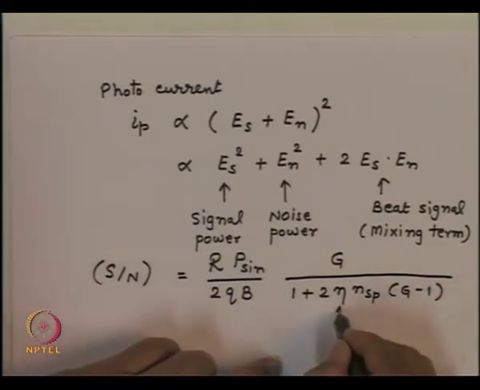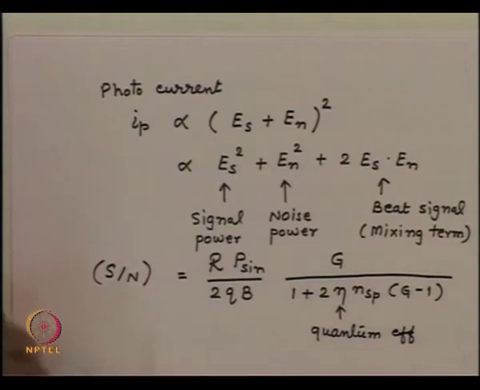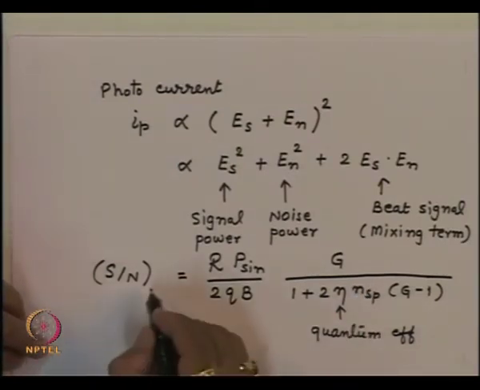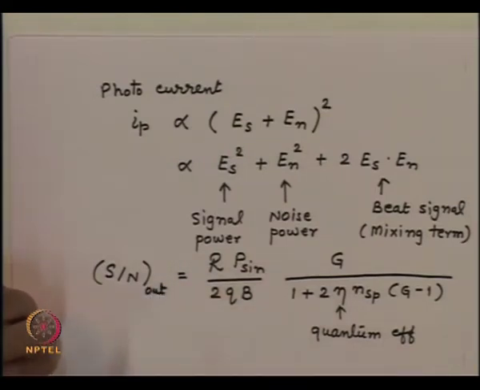Eta is the same as the quantum efficiency of the detector, and this term we already defined. So essentially I have got a signal to noise ratio at the output of this amplifier which would look like that.